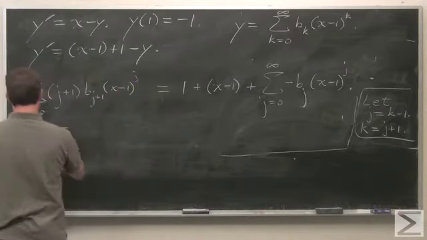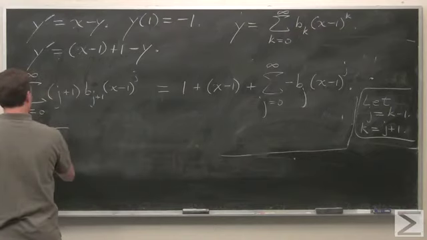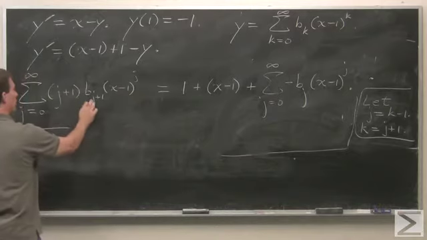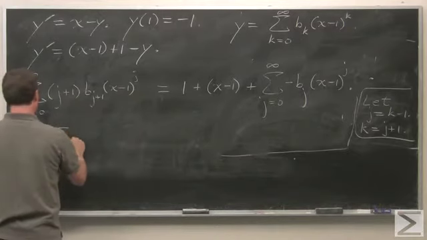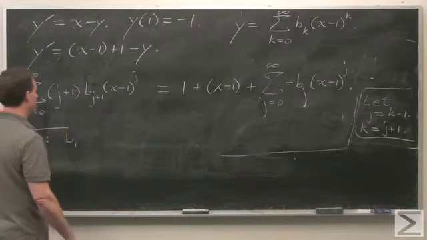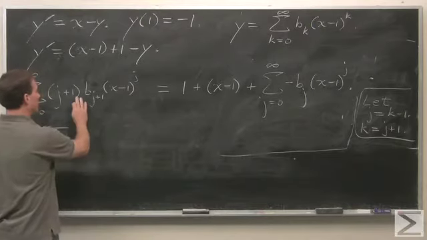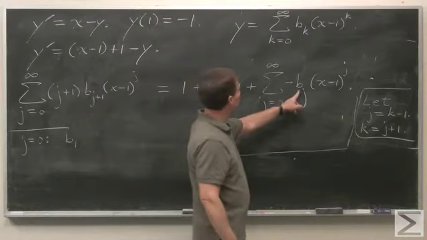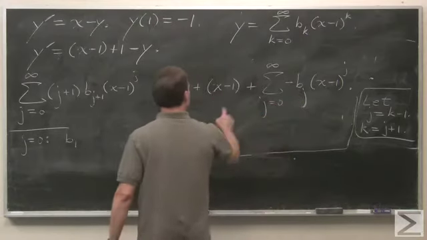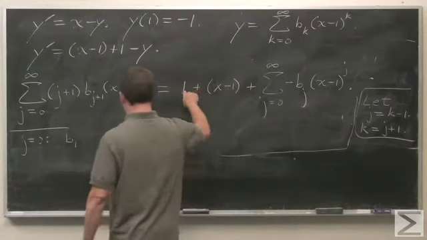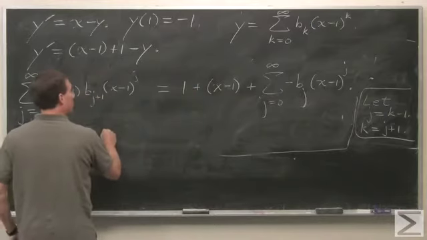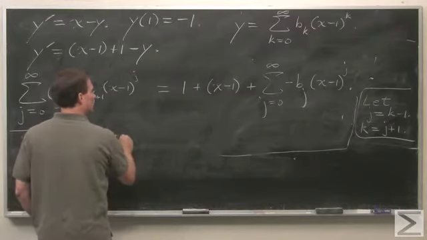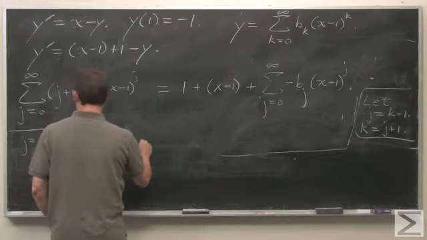So when j is 0, over here, you're getting 1 times b sub 1, so you're getting b sub 1 for the coefficient, for the constant term here. When j is 0 over here, you get a minus b sub 0 as a constant term, but there's also a constant term right there. So you get a 1 minus b sub 0.